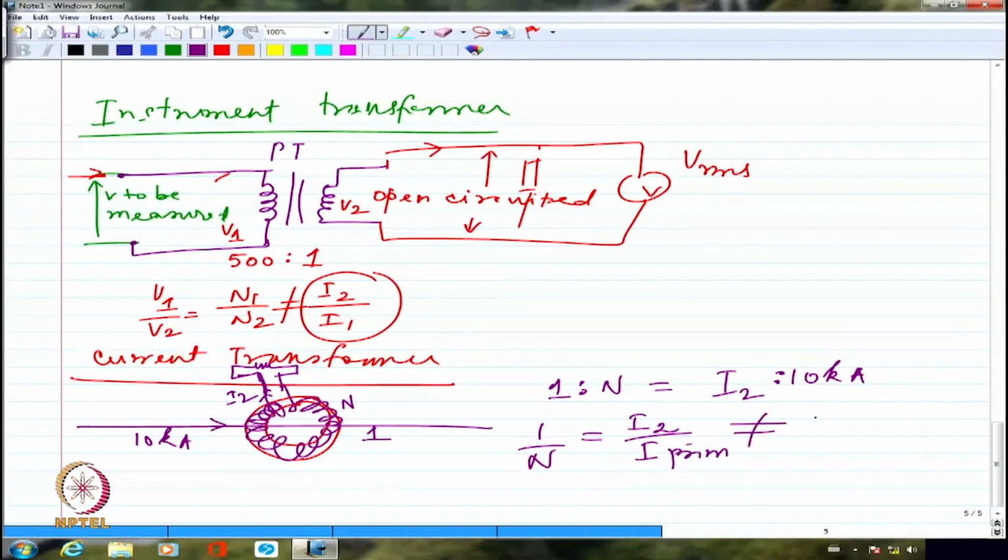Because if I don't short circuit it, if I am having 10 kiloampere current, even 1 volt will be translated as maybe 1 multiplied by N volts. N may be 10,000, so I will get 10 kilovolts. And if I put my hand there by any chance, I really had it. So we have to be really, really careful, because the insulation may not be able to withstand that kind of voltage. Got it?